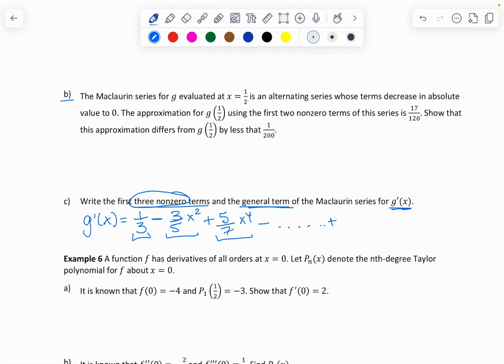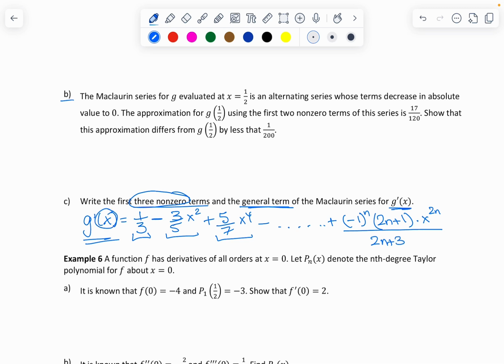So negative 1 to the n, we've got to keep that there because it is still an alternating series, even the derivative of it. That 2n plus 1 comes down, times x to the 2n plus 1 minus 1, which becomes 2n. And all of that is over 2n plus 3.